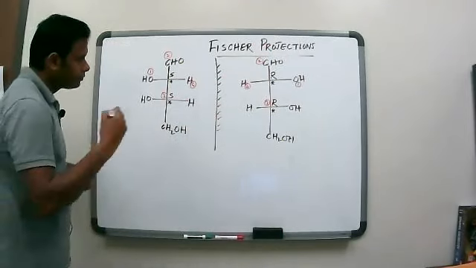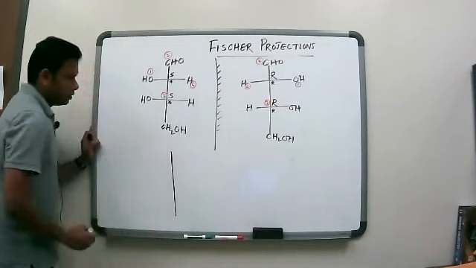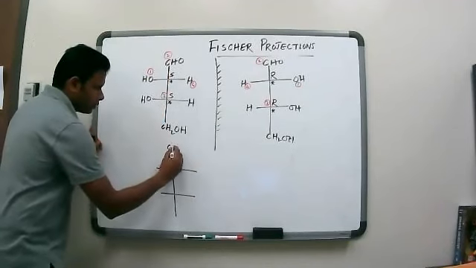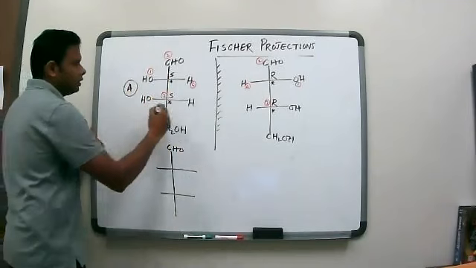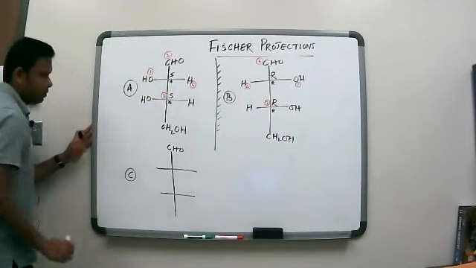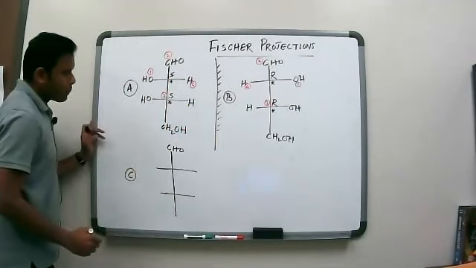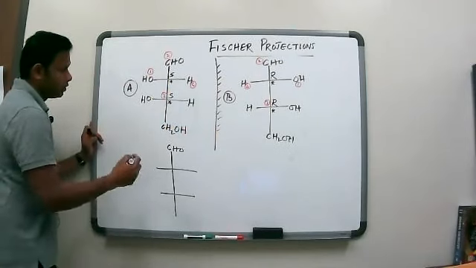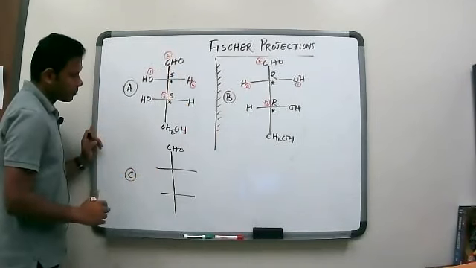Now, let's say if I draw another Fischer projection of the same molecule, okay? And we'll call these structure A, this is structure B. What I'm drawing now is structure C. Another Fischer projection of this molecule.